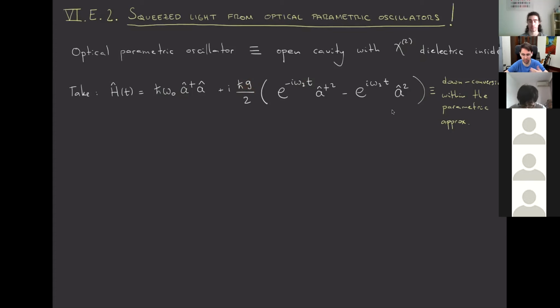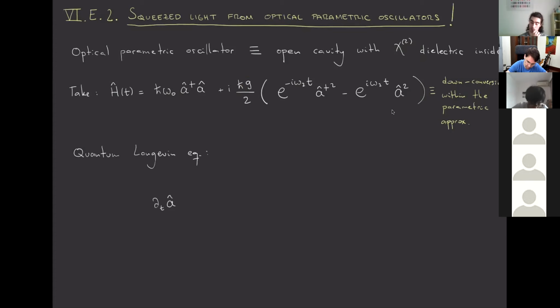So this is just kind of a reminder of what parametric down conversion was, or how it was described with a Hamiltonian. And now that we have down conversion in an open cavity, then we know that the field inside the open cavity, in particular the field at the down converted frequency inside the cavity, which we assume is a resonance of the cavity, can be described through a quantum Langevin equation that looks like this.